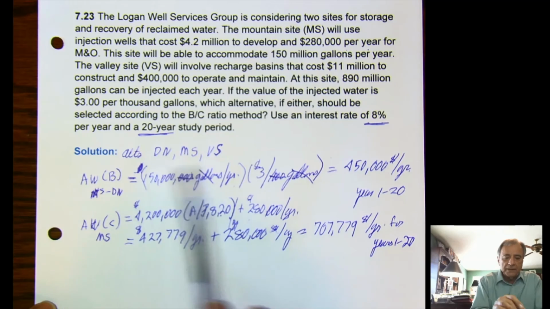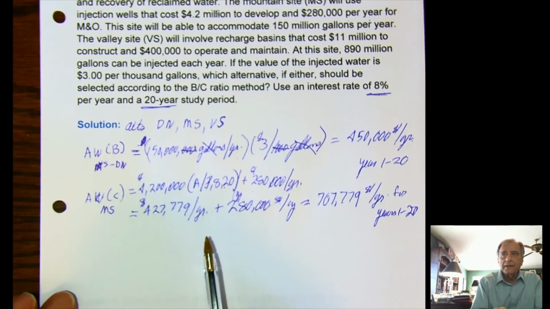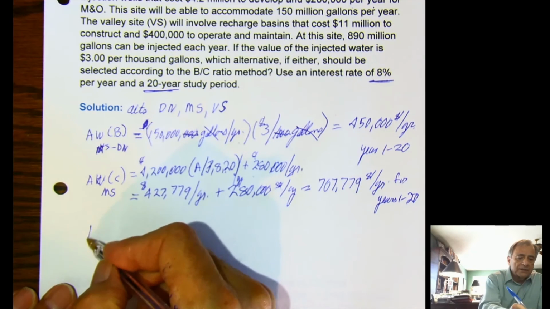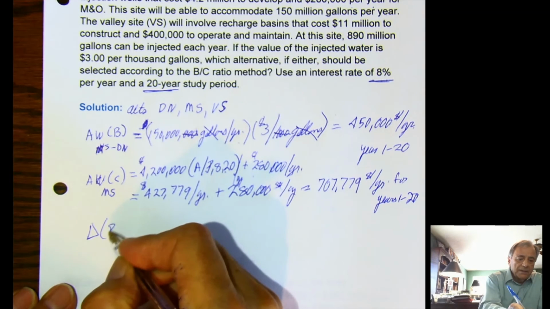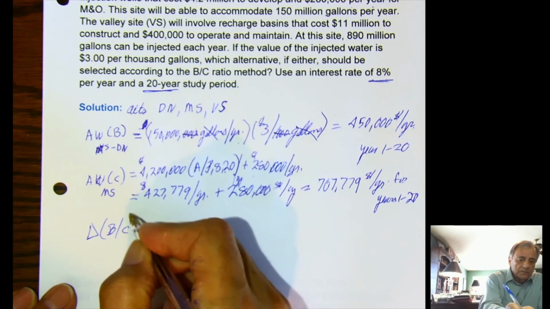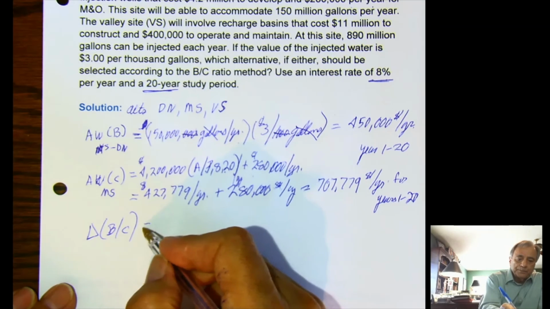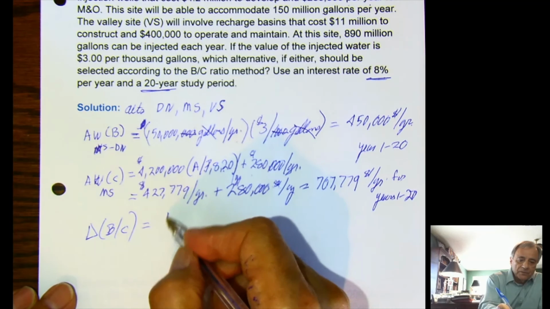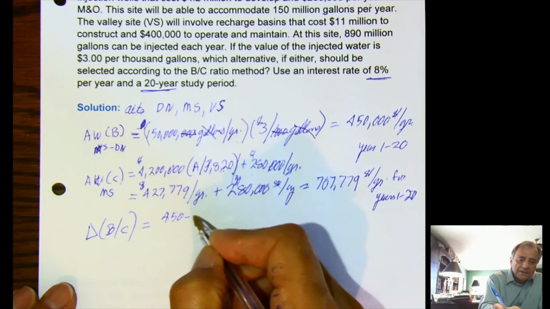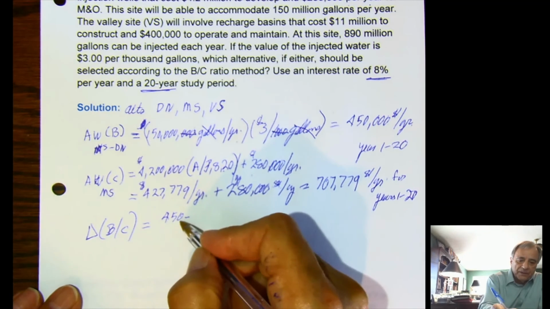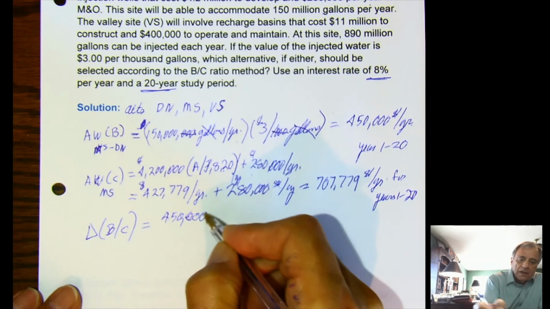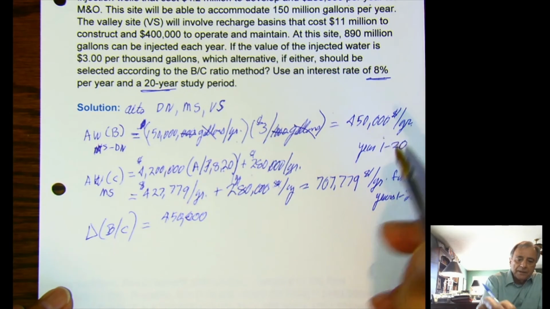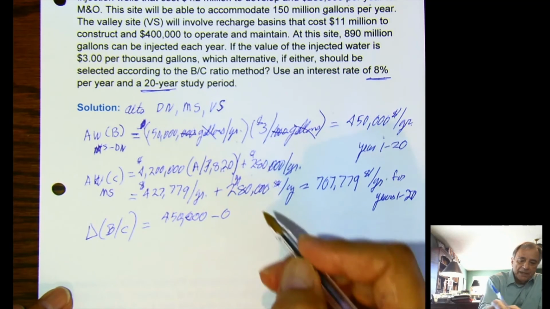Well, the delta between that and the do nothing alternative, so I'll get delta BC will be this number minus 0. That's the benefit of the mountain site minus the do nothing benefit.